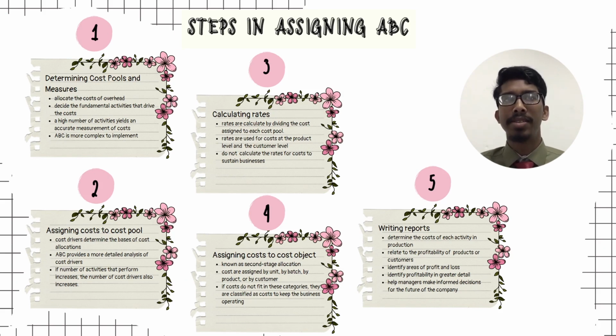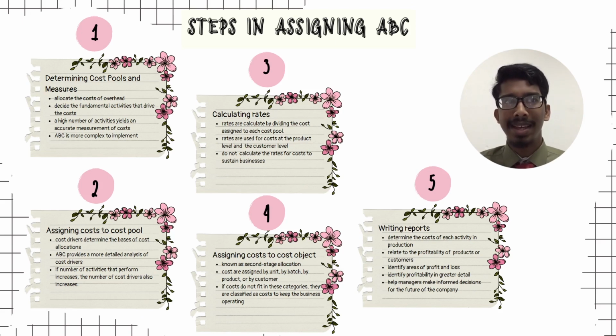This indicates that ABC is more complex to implement than variable costing or absorption costing. A large experienced company is more likely to use ABC than a small business that an entrepreneur has just established. Thus, if enterprises use ABC, their managers have to allocate the cost to their respective cost pools.